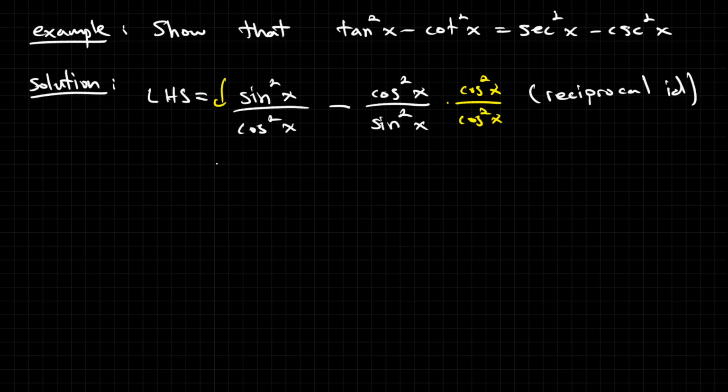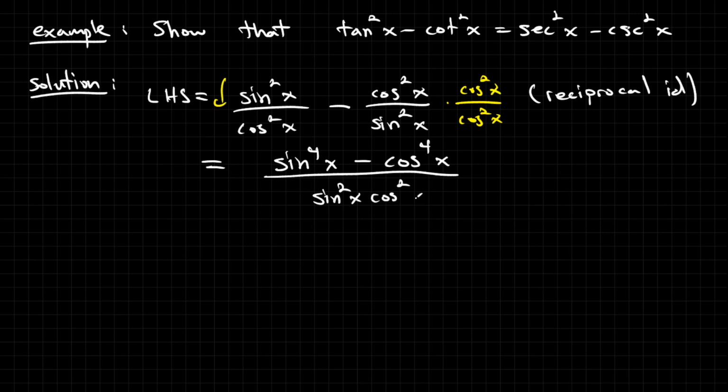And so what I'd get is, well, sine squared times sine squared, that's sine to the fourth of x, minus cosine squared x times cosine squared x, that'd be cosine to the fourth of x, all divided by sine squared x cosine squared x in the denominator. All right, so this is my common denominator step.